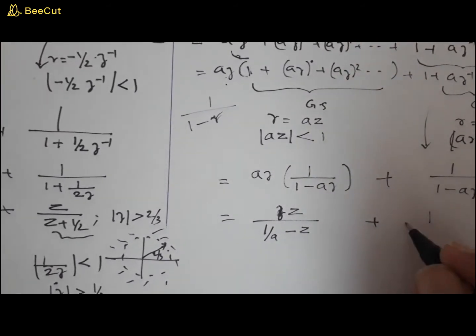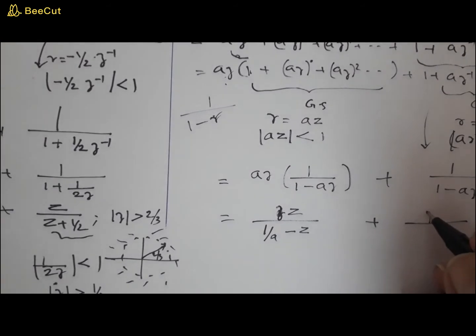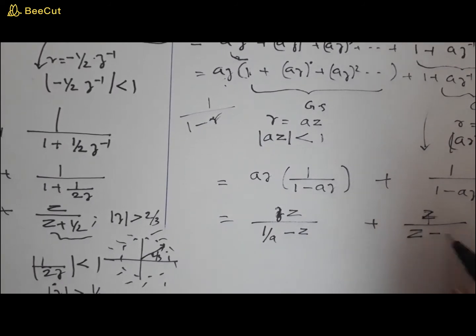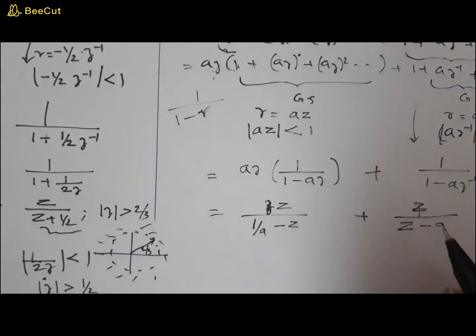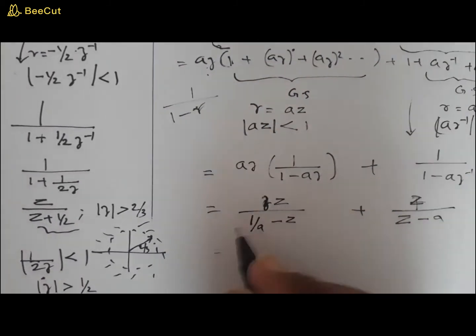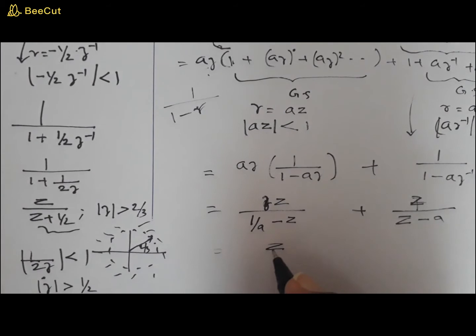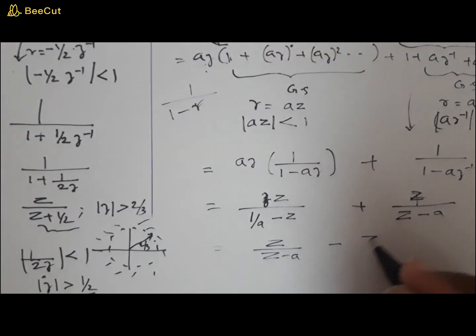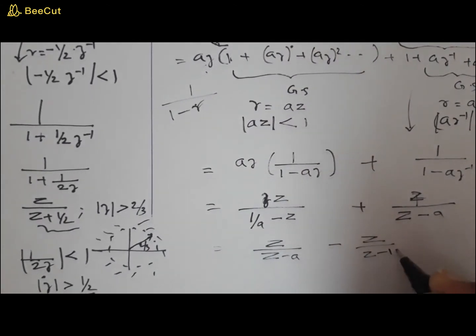Then when you bring this down and take the LCM, you will get z by z minus a. Now to make this term similar to this, you can take a negative sign and write this expression as z by z minus a, minus z by z minus 1 by a.